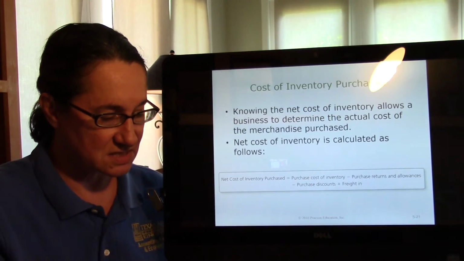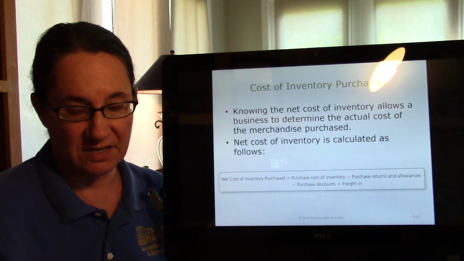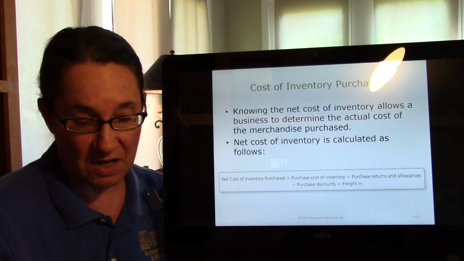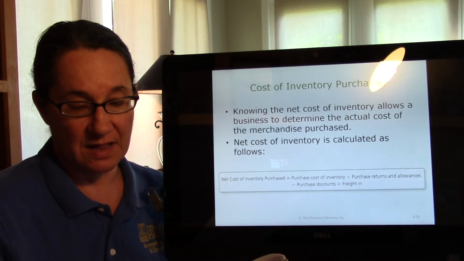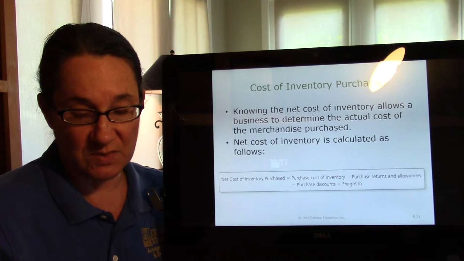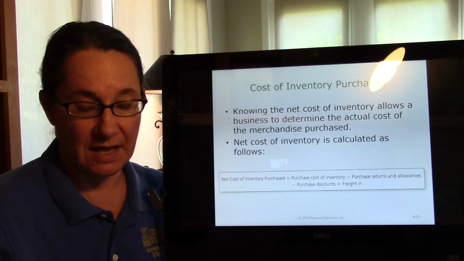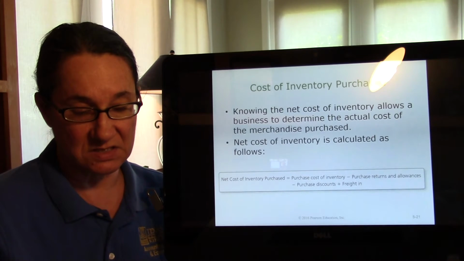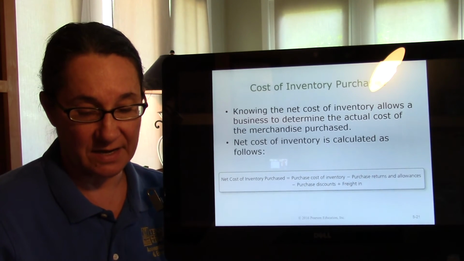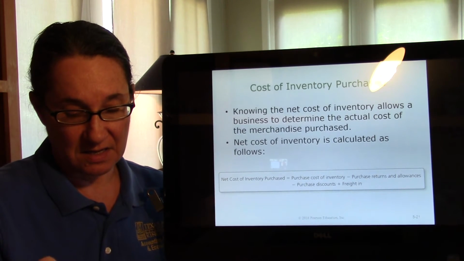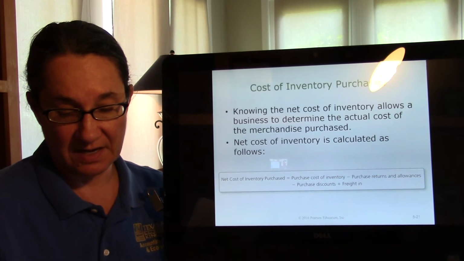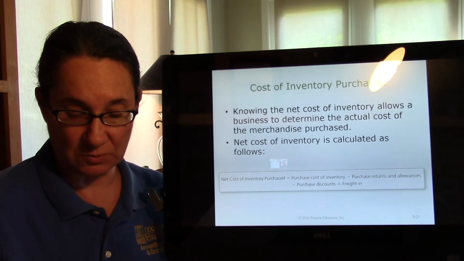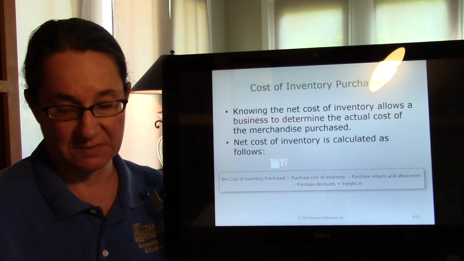The net cost of merchandise inventory includes the purchase cost of the inventory, less purchase returns and allowances, less purchase discounts, plus freight in. Knowing the net cost of inventory allows a business to determine the actual cost of the merchandise purchased.